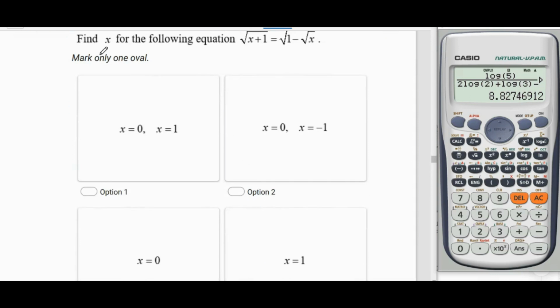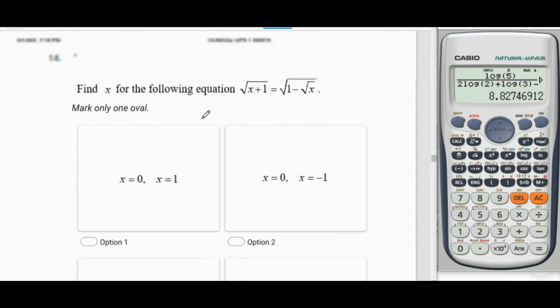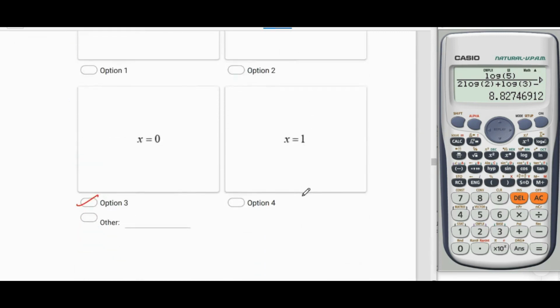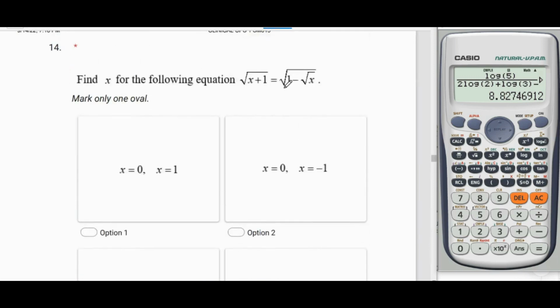Then find the value of x for the following equation. For the x value to be the solution of this third equation, actually we can just come to the last part, where this is a solution for the third. We can check whether the left hand side equals the right hand side.